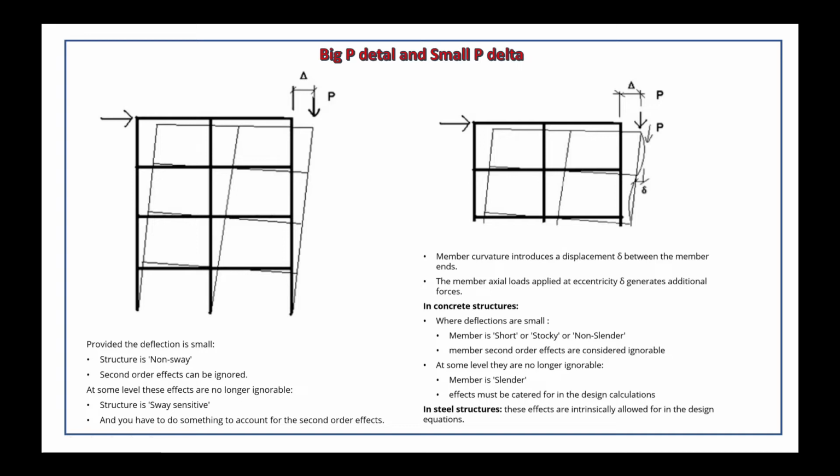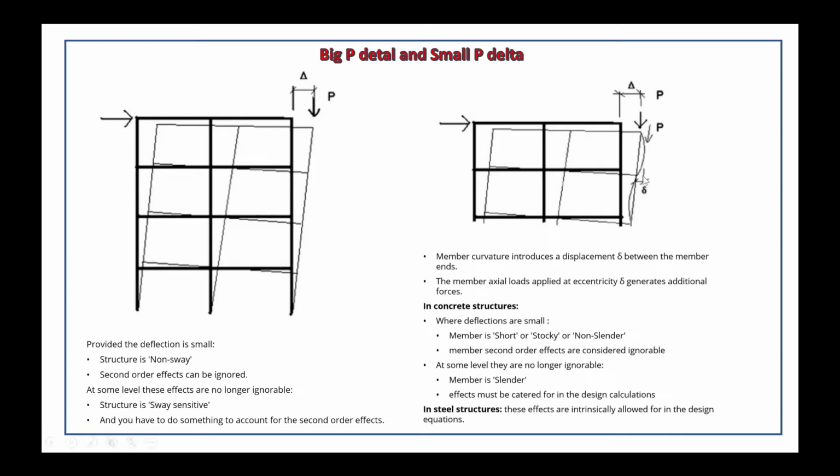Now we continue to talk about big P-delta and small P-delta. You can see the last picture. When we talk about big P-delta, you see the load applied at the top. When we have a restoring load applied, we will have another big delta. Big delta is about the global deformation or global imperfection of the structure.